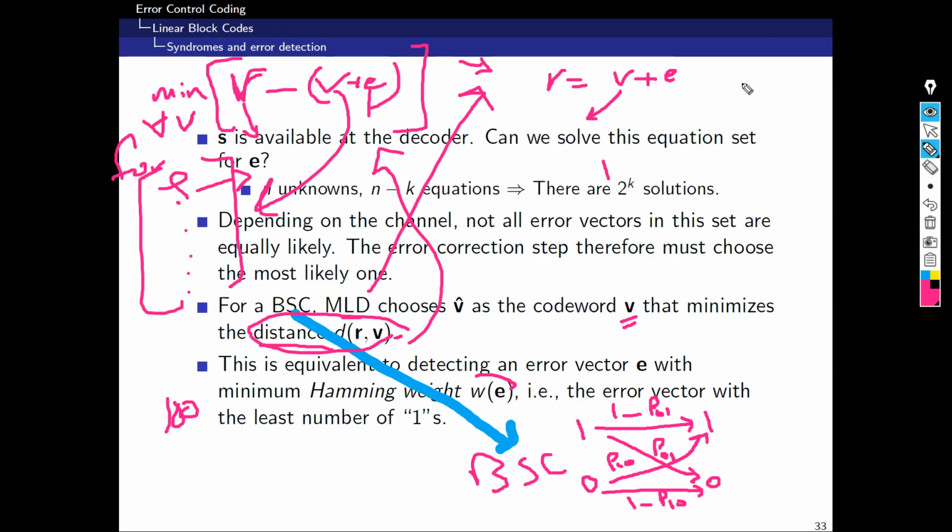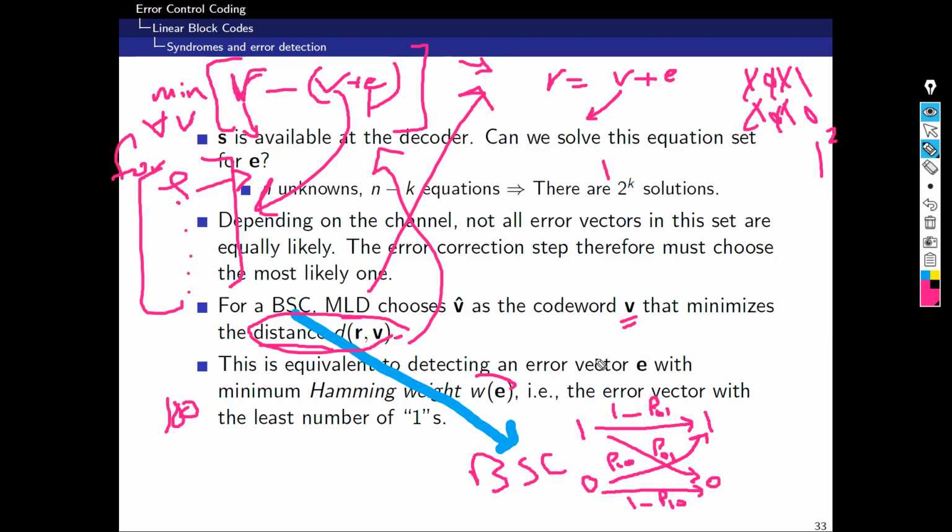For example, if I tell you, you have this vector. What's the distance between them? Here you have 0, 0, 0. You have one square. Yes? How do you find the distance between these two vectors?